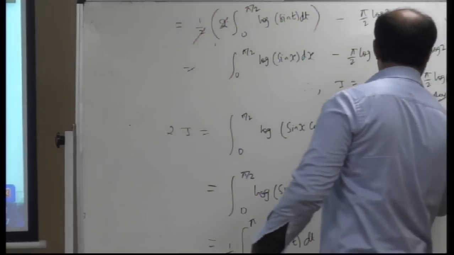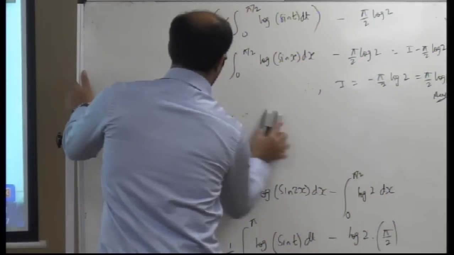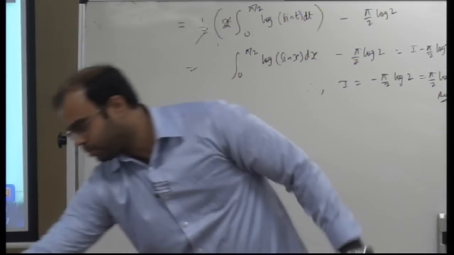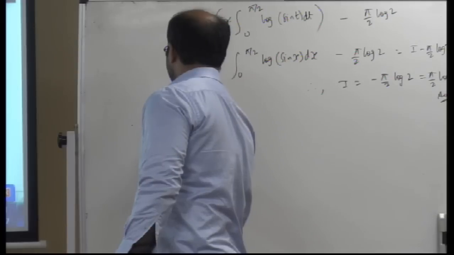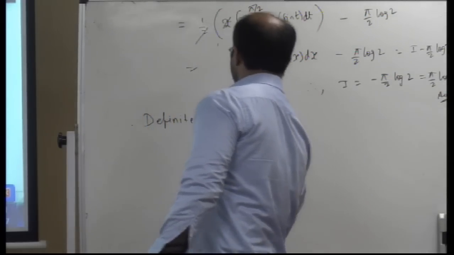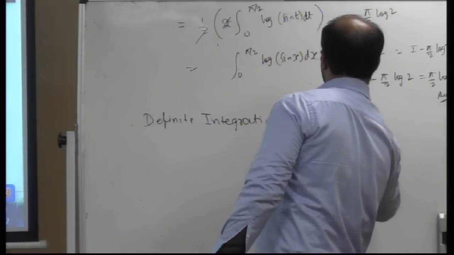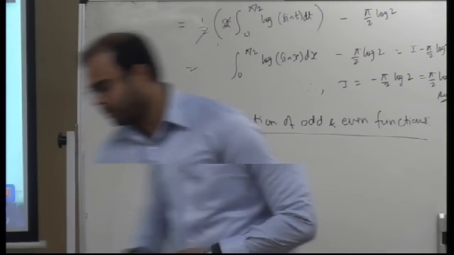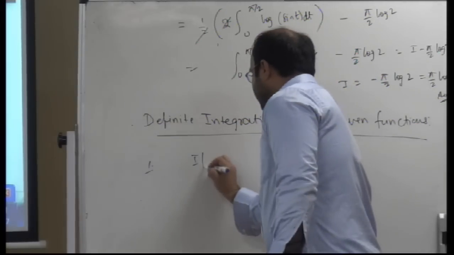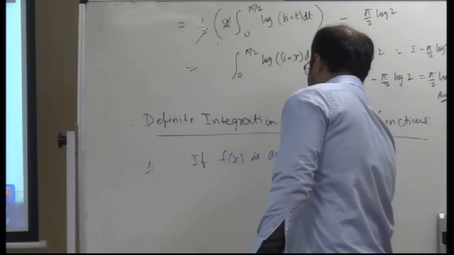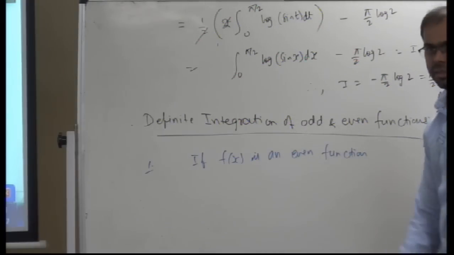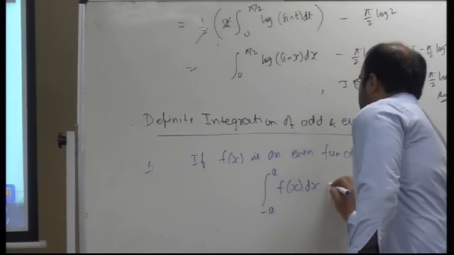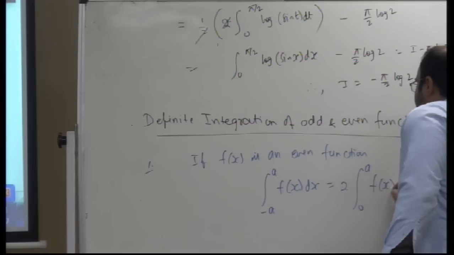The next property is based on the concept of odd and even functions. So the first property says that if f(x) is an even function, let us take the even function first, then in the interval minus a to a, f(x) dx is actually twice the integral from 0 to a of f(x) dx.